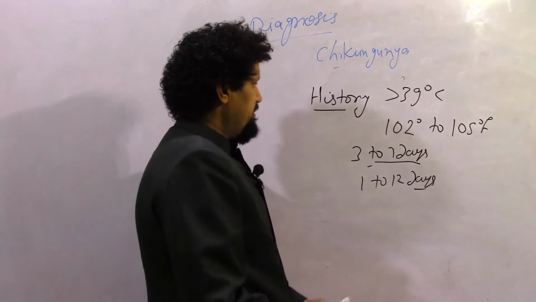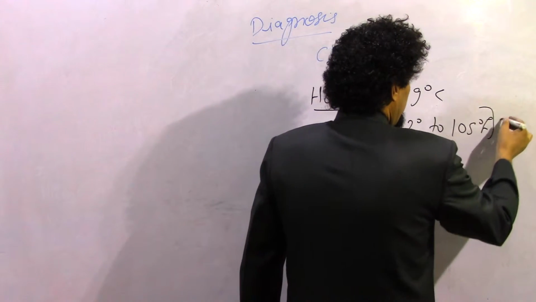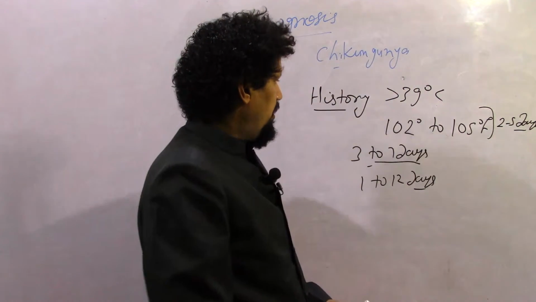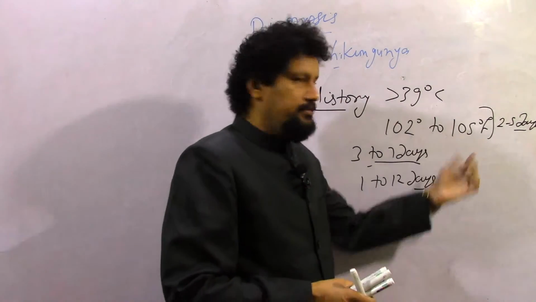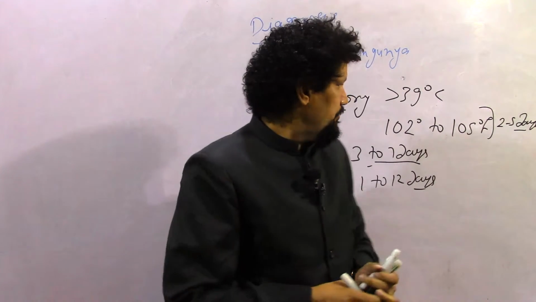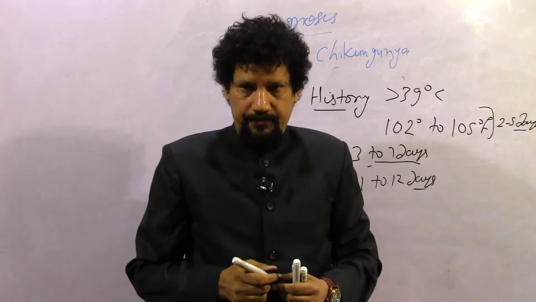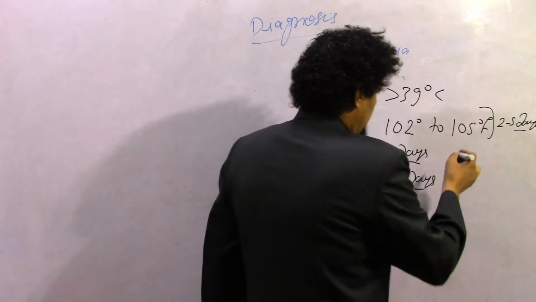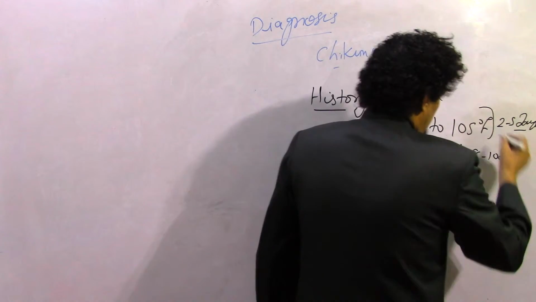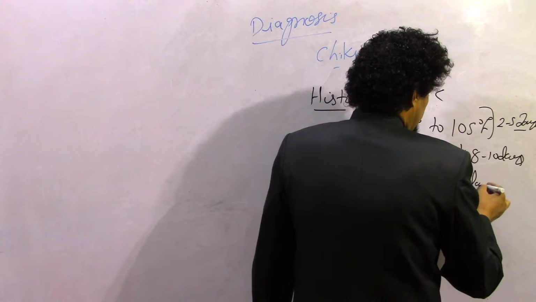There is phase of high grade fever which ranges from 2 to 5 days. Abrupt onset of the high grade fever. Fever subsides to normal after 2 to 5 days, and there is a non-febrile period for 8 to 10 days, and the fever reappears for 2 to 3 days.